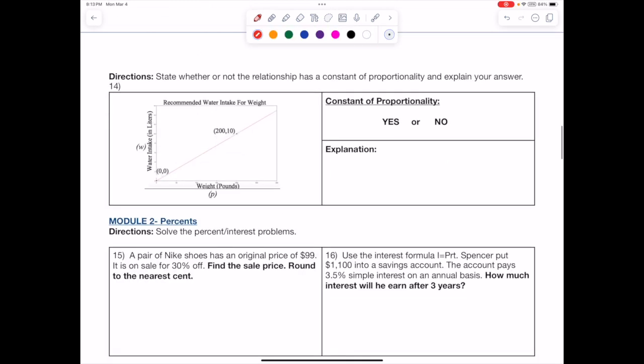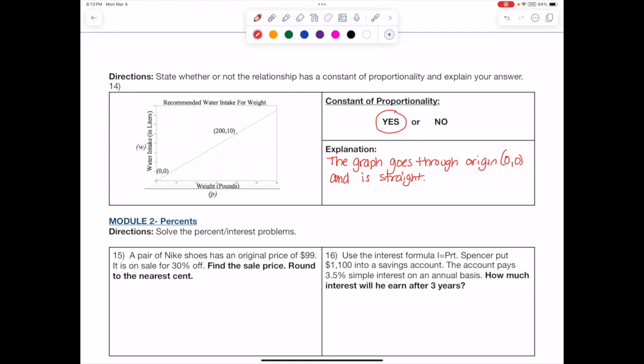Let's head down to number 14. It says state whether or not the relationship has a constant of proportionality and explain your answer. Okay, so this one's a nice quick one. I can tell right away this is a yes. Why is it yes? We say the graph goes through the origin (0, 0) and is straight.